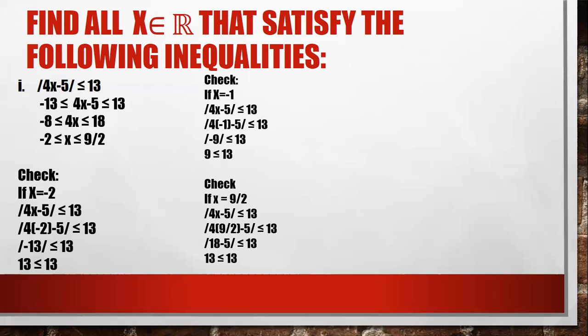So we have the absolute value of negative 9 less than or equal to 13. The absolute value of negative 9 is 9, less than or equal to 13. Is 9 less than or equal to 13? Yes. Therefore, if our value is greater than negative 2, it satisfies.